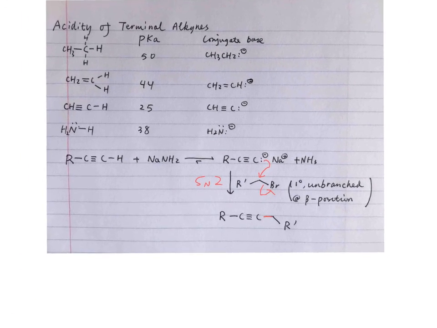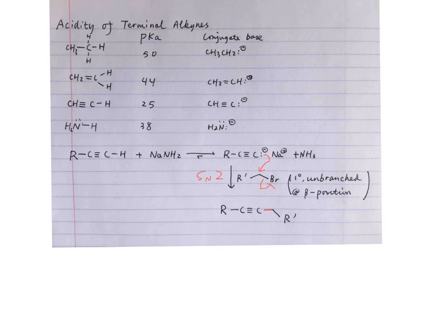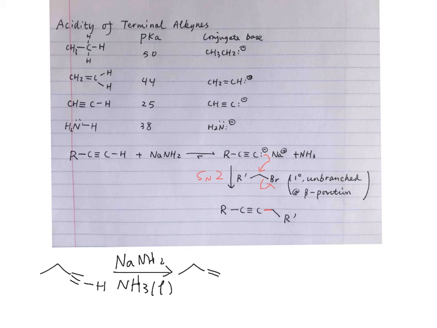Let me show you one example. When reacting 1-butyne with sodium amide in liquid ammonia, butynide is generated.